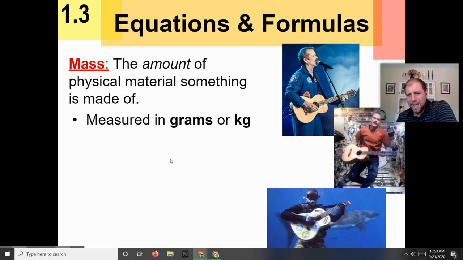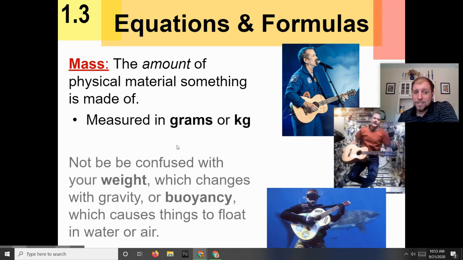Now, the cool thing about mass is that it does not change based on where you're located. When Chris Hadfield goes into space, his weight changes, but weight is just gravity pulling on your body. Your body is still the same. He is still the same amount of stuff that he's made of here. His mass does not change, even though his weight does.